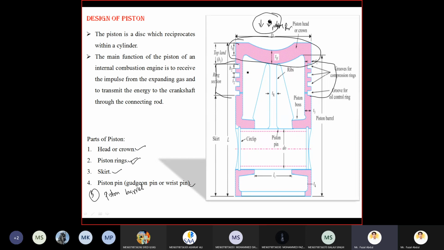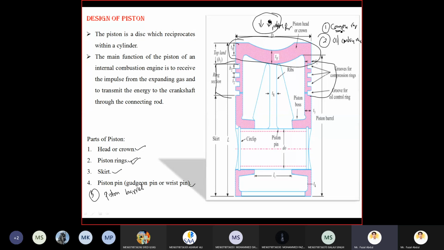So the rings have two categories. First one is the compression rings. Second one is the oil controlling rings. So these two categories of rings we are going to use here.